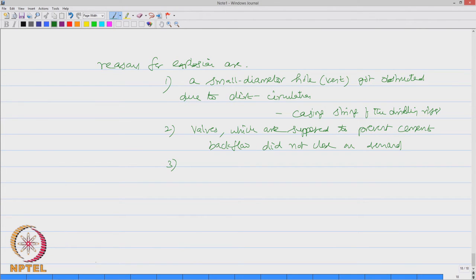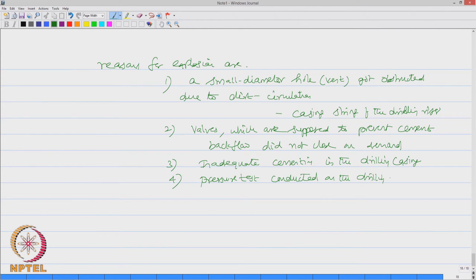So, misfunctional operation. It also said there was an inadequate cementing in the drilling casing. It was also noticed that the pressure test conducted on the drilling unit was wrongly interpreted.